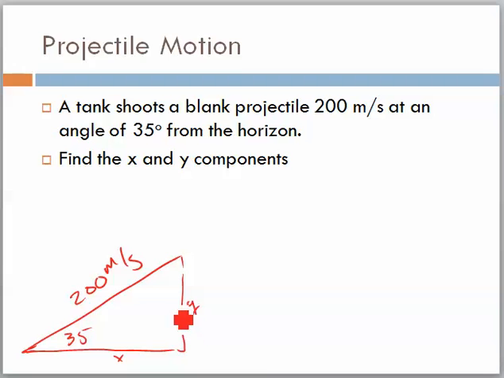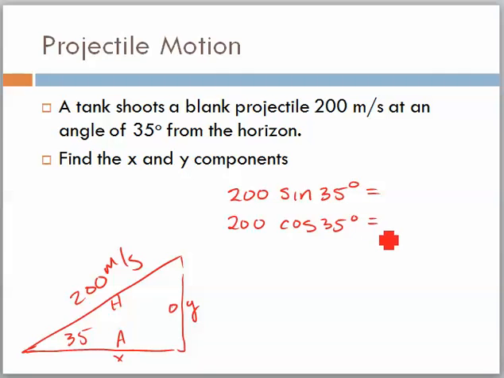So if I want to find the opposite, it's going to be 200 times sine of 35 degrees. And if I want to find the adjacent, it's going to be 200 cosine of 35 degrees.